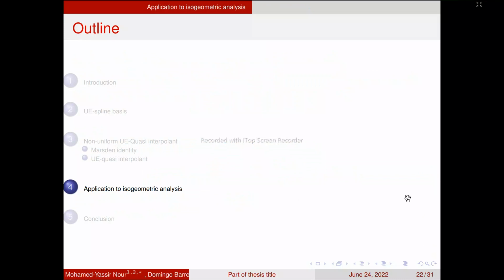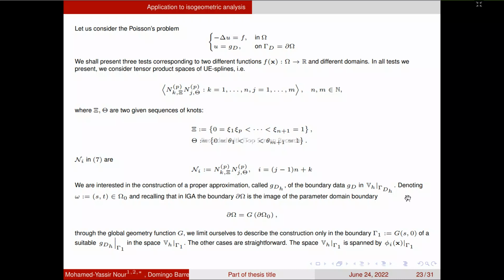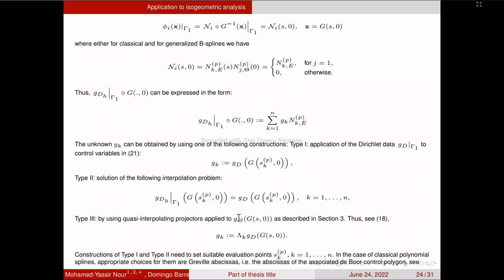Now let's move to the application to isogeometric analysis. As an application we take the Poisson problem, and we choose our basis as the tensor product of the UE-splines with the boundary condition, and we choose as an example three types of solution.